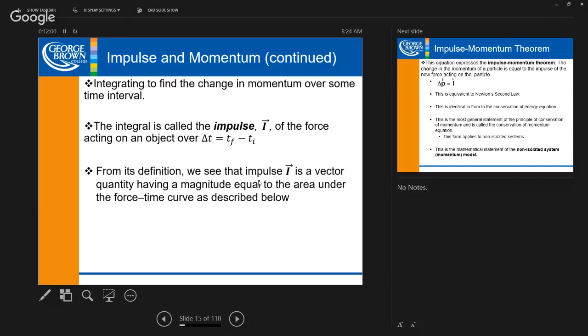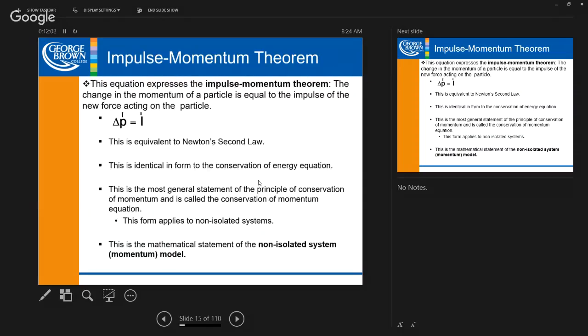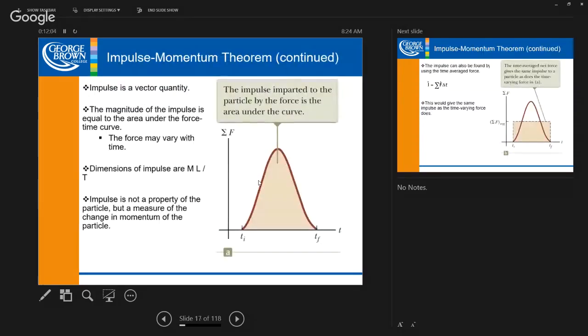Impulse is an integral. When we want to figure out impulse, you can see that I'm skipping slides, by the way, it's the area under the curve on the force-time graph. You can see that there's energy here, force over time, force times time, and you see this energy under the curve for the amount of impulse.